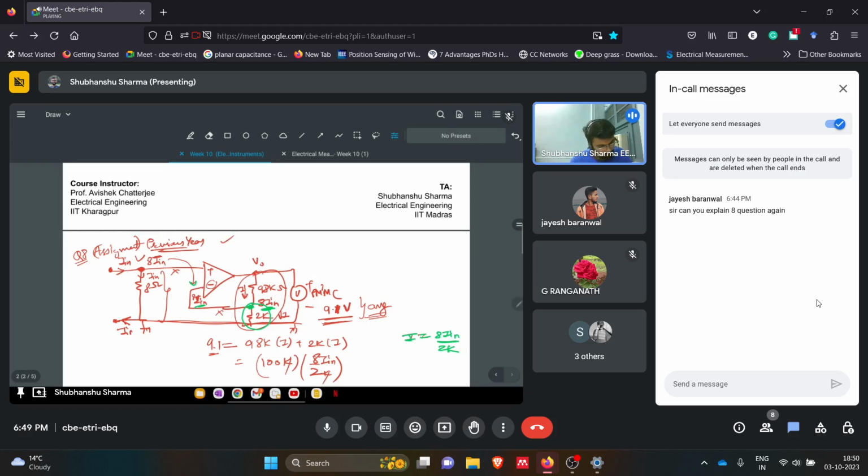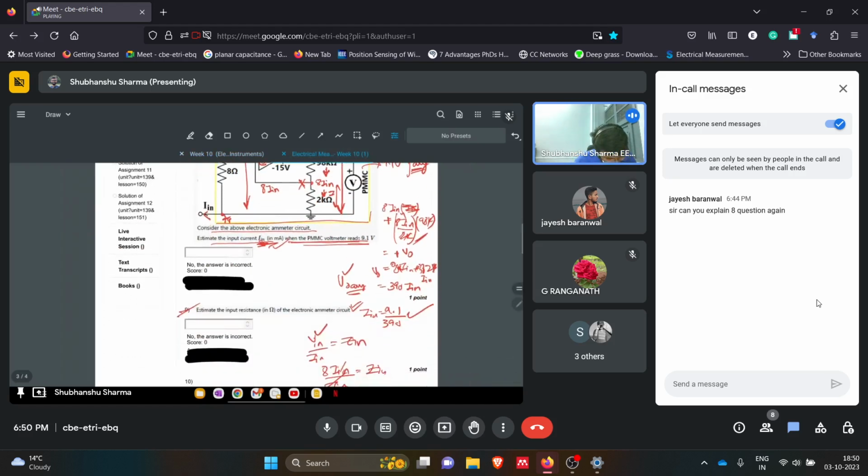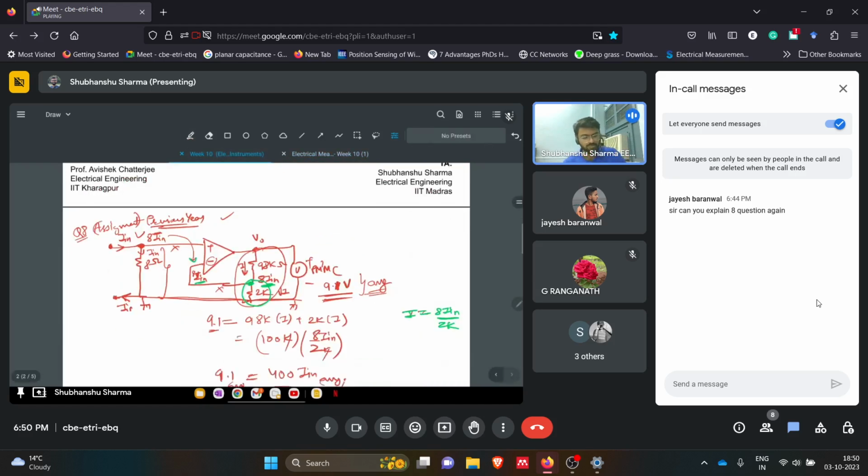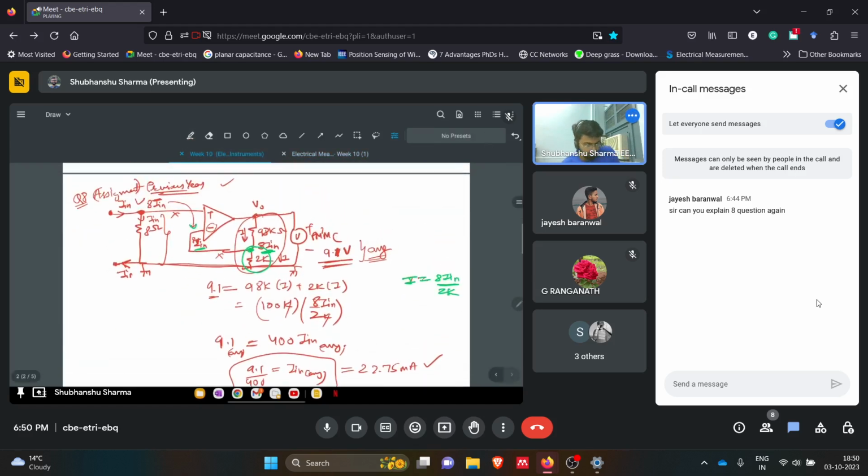So this was there, and the next question was to estimate the input resistance. If we are looking for input resistance, I again mention that for Z input, that is the input voltage divided by the input current. So this is basically V input.